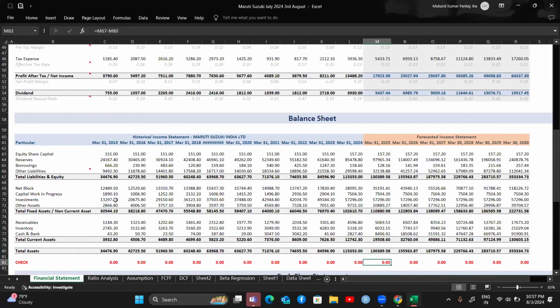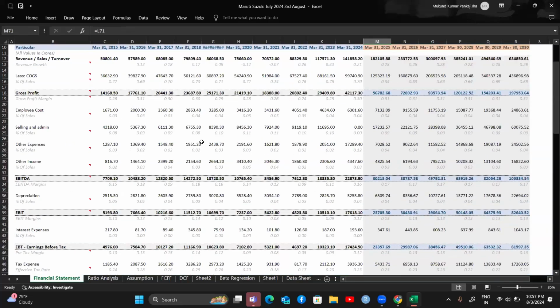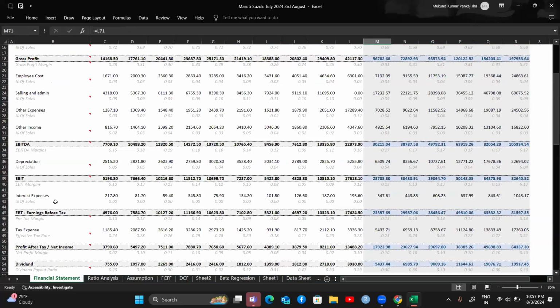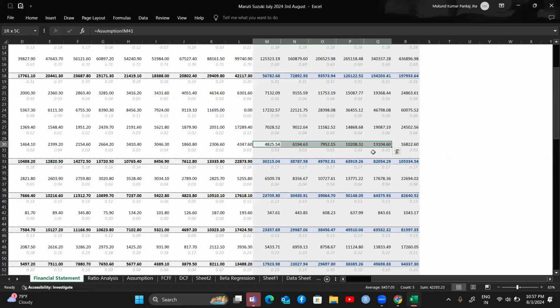So to keep it simple, we have kept it like this. Generally, as the company moves forward, as we can see the trend, the other income part is increasing over the years, it will continue to increase, and it is an appropriate assumption that it is going to increase as well.